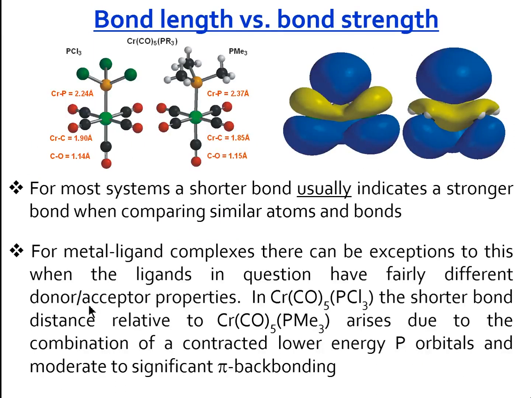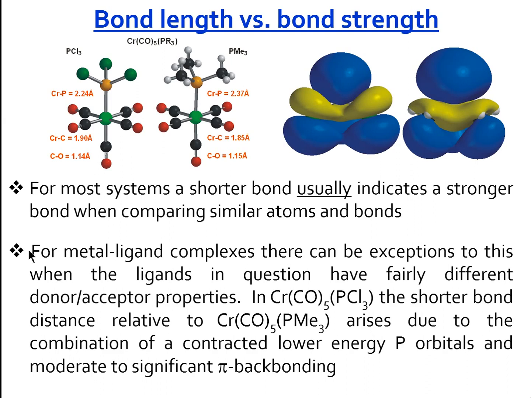So as a general conclusion, when the ligand is a stronger donor, the M-ligand bond is stronger and this bond is shorter. But for some metal ligand complexes, we can have some exceptions proved by the experiment, like in the example of Cr(CO)5PCl3 and Cr(CO)5PMe3.